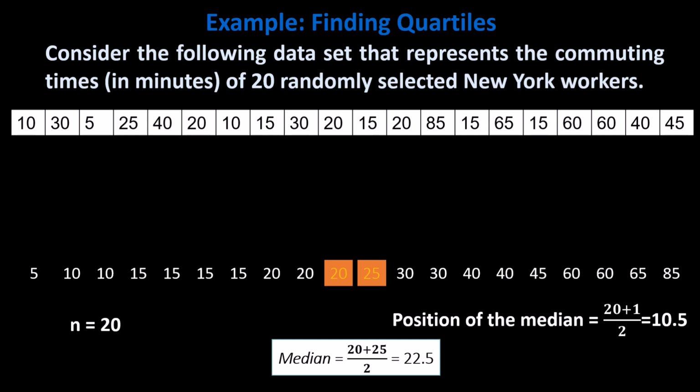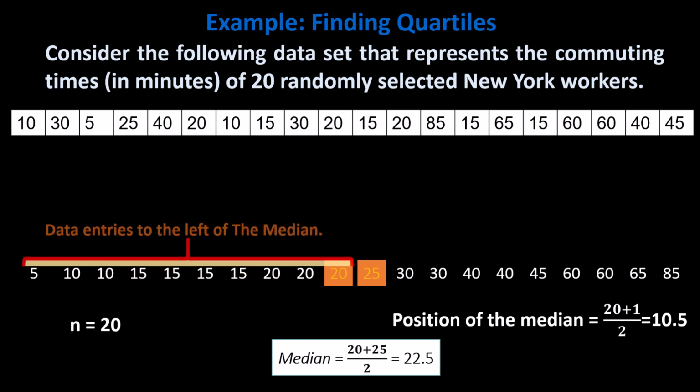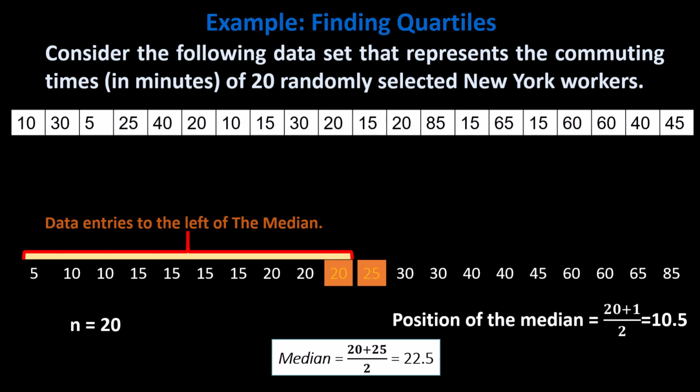However, according to step 2, we know we consider the data left to the median to find the Q1. That means this is the data we should consider for the Q1, right? How about the Q3? We consider the data right to the median.